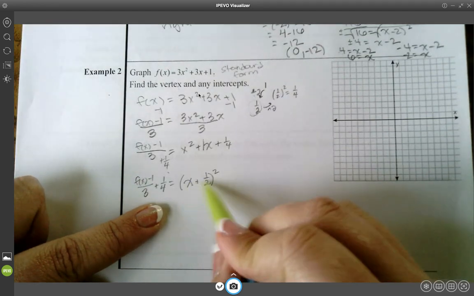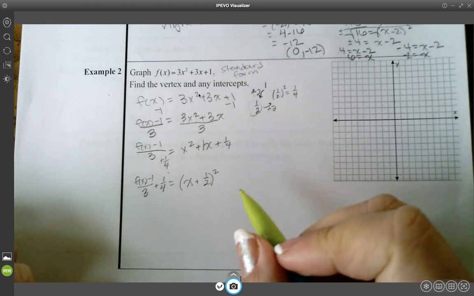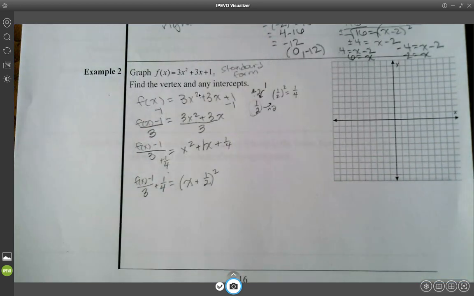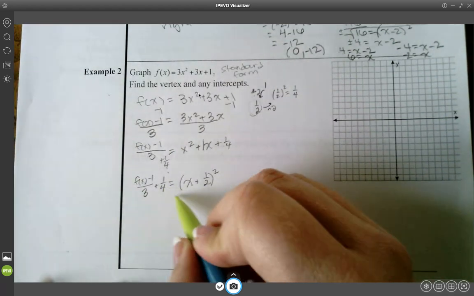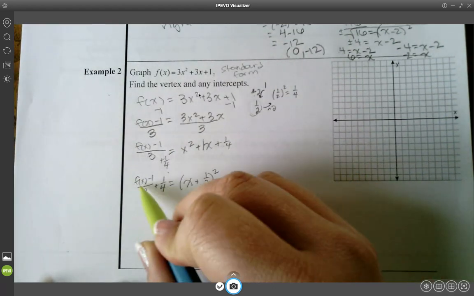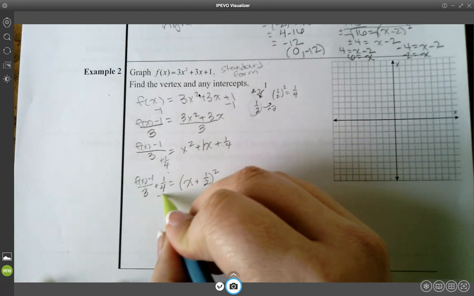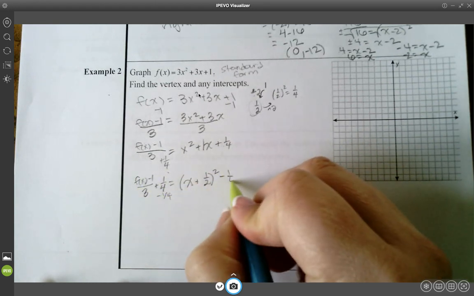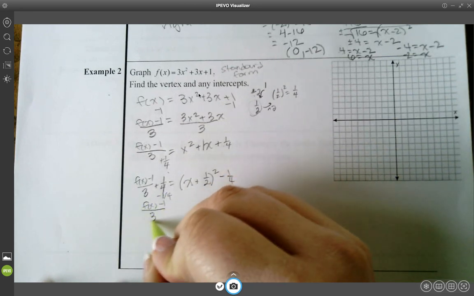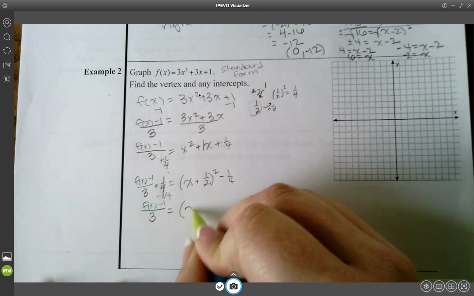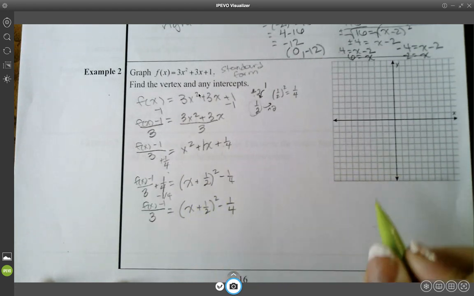If we were to FOIL this out, we should get x squared plus x plus 1/4. So the next step is going to be subtracting over the 1/4. So now we're in the step where we're ready to isolate f of x. So minus 1/4, f of x minus 1 over 3 equals the quantity of x plus 1/2 squared minus 1/4.